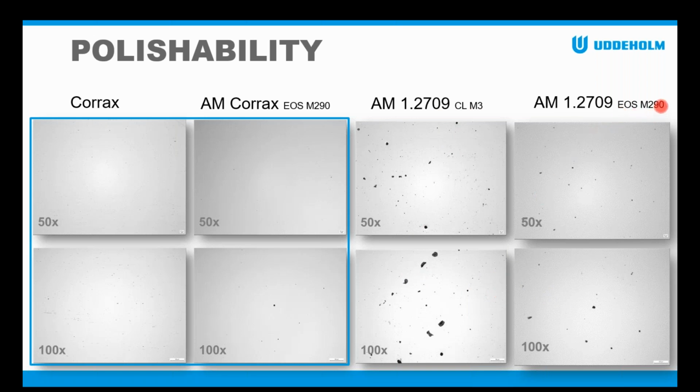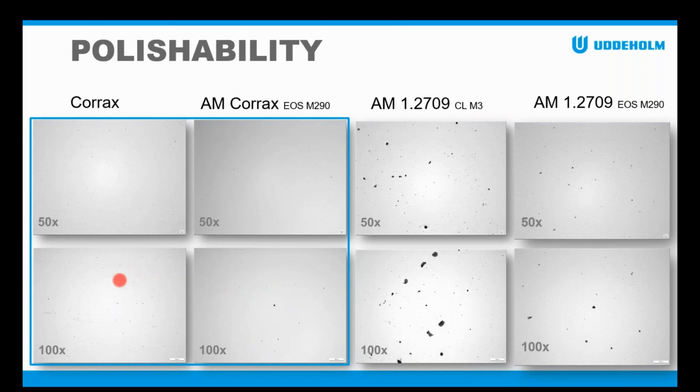If we once again look at the EOS M290, but we change to Corax instead of 1.2709, so same machine, different material, then you can see directly that the polishability of Uddeholm AM Corax is quite high. It's so high that you can even compare the printed material with the conventional material, and there's not a big difference.